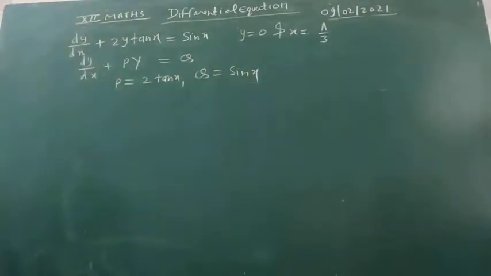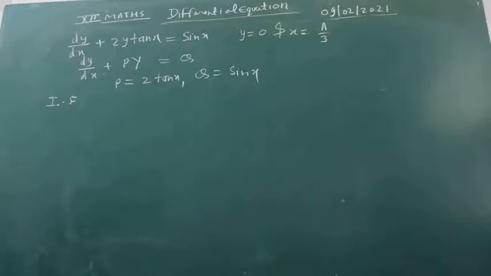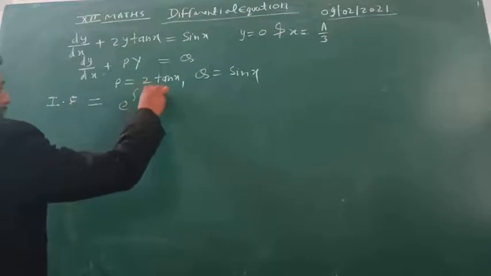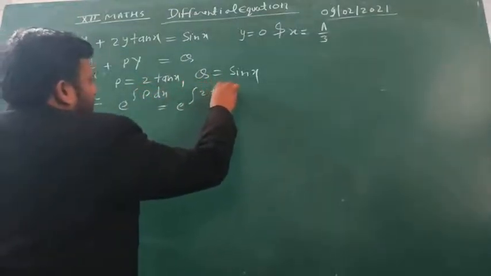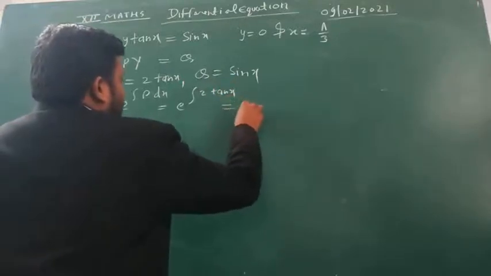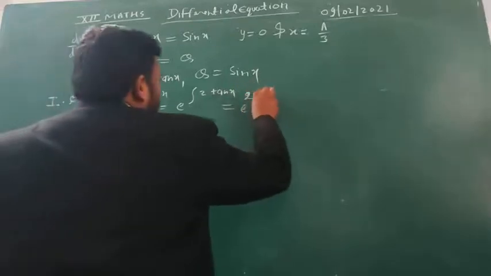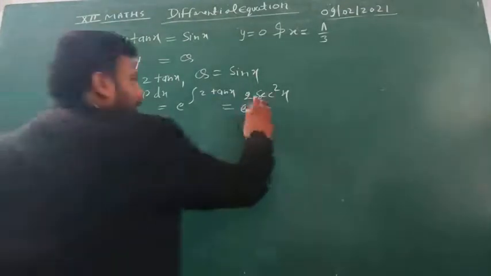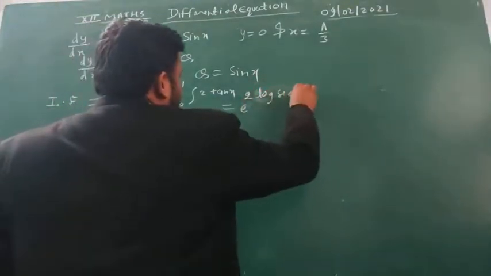Now you know, for finding the solution of such a linear equation, we first find the integrating factor, students. So it will be e to the power integral of P dx, so it will be e to the power integral of 2 tan x dx.